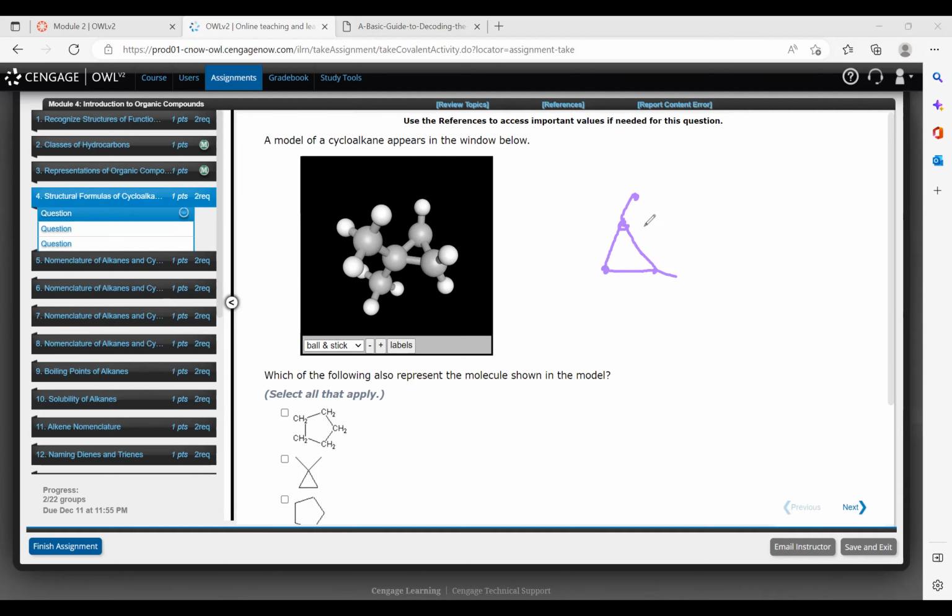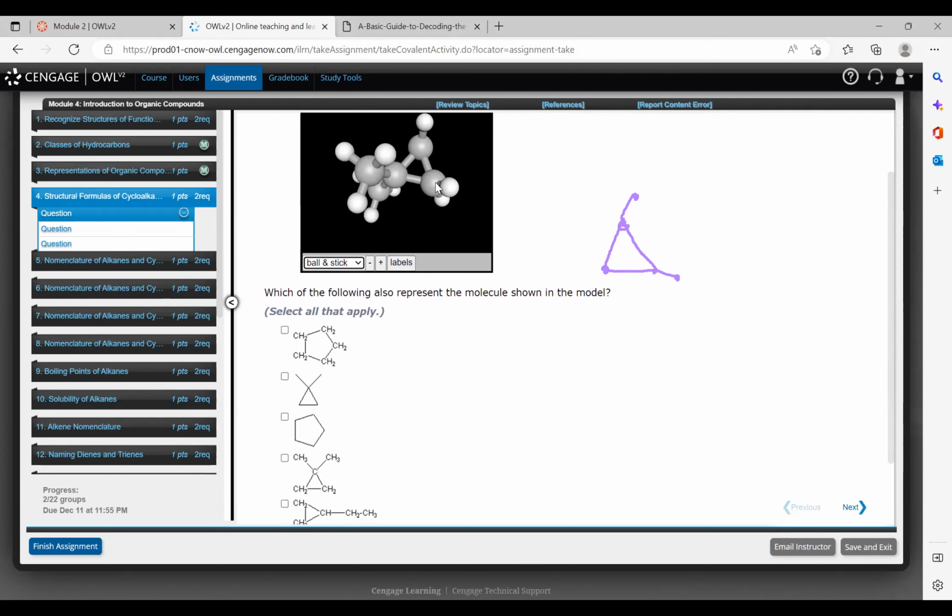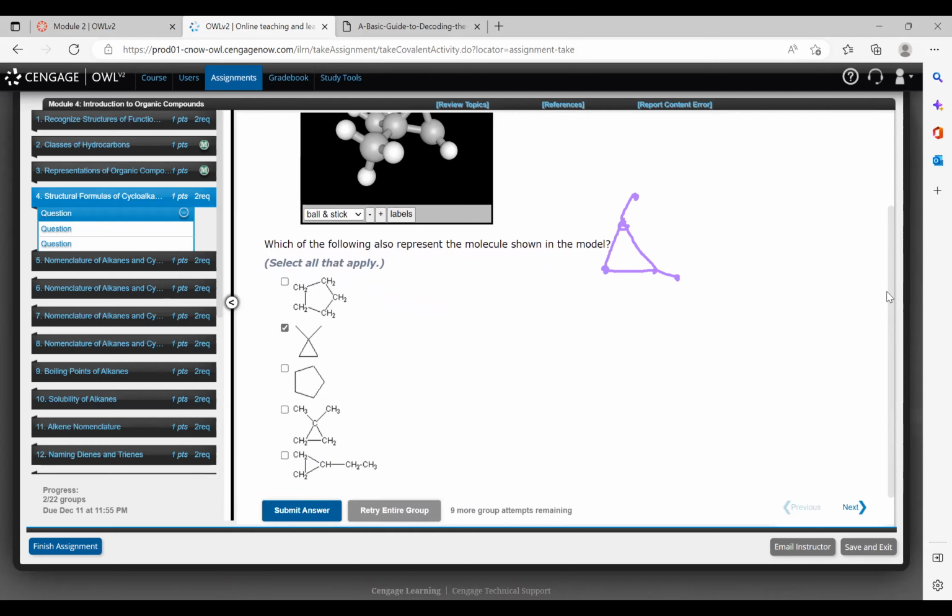And remember that carbon wants to have 4 bonds around it. So depending on the bonds, you may have 1 carbon, you may have 2, or you may have 3. So what we're going to do down here at the bottom is we're going to circle all that apply. Again, you're going to look for the one that has a triangle unit to it. And we're going to see that we have those 2 side chains coming off. So that would be this guy here.